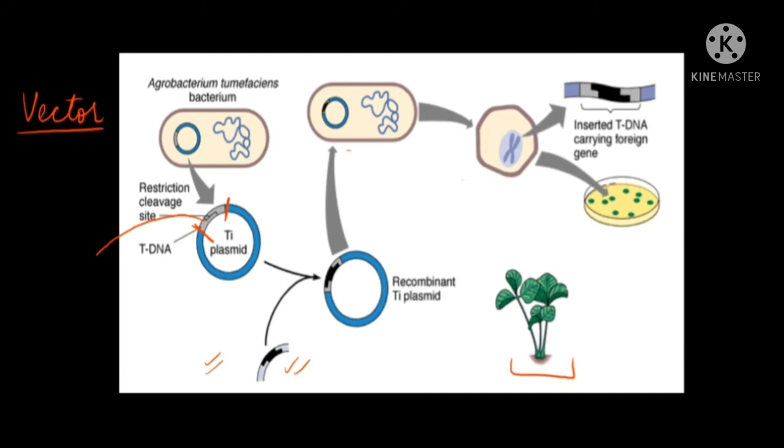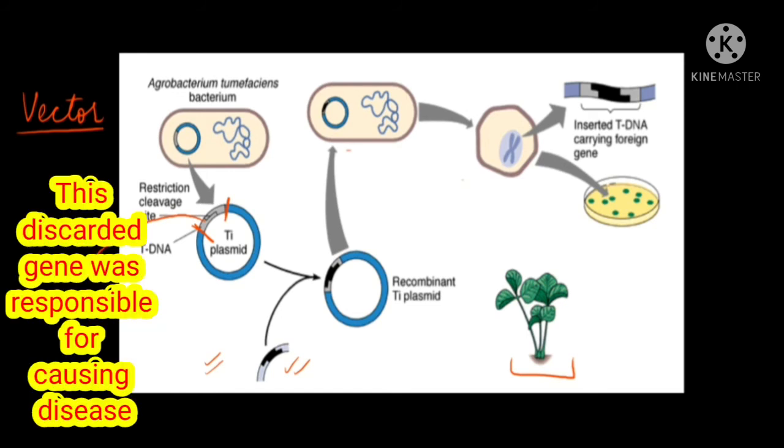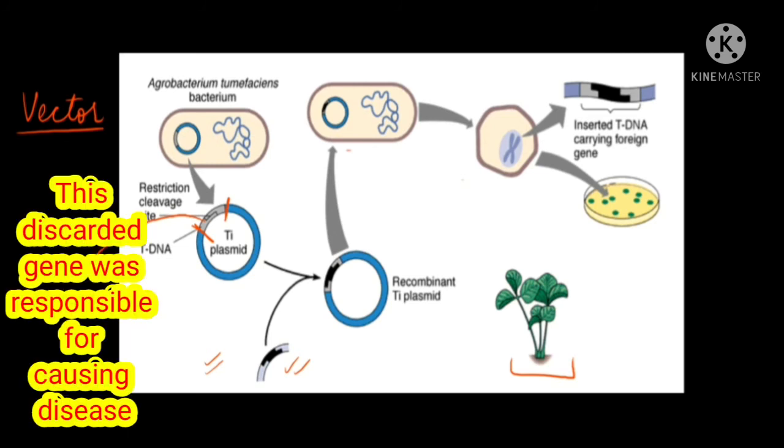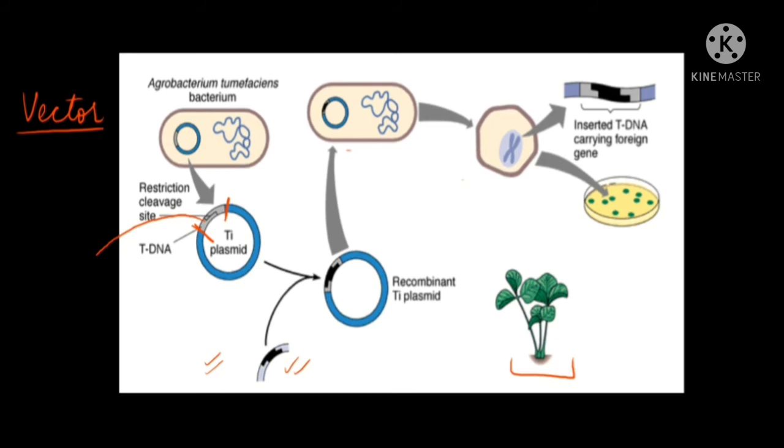it would come to your mind that if we transfer this bacterium into the plant, it might cause a disease. But one thing should be noted: when we isolated this gene from the plasmid, that particular gene was isolated which was capable of causing a disease. So now, because this gene is not present in the plasmid, it will not be able to cause any disease in this plant.